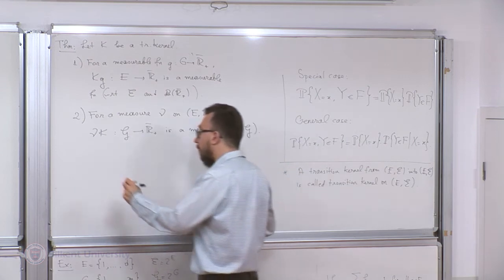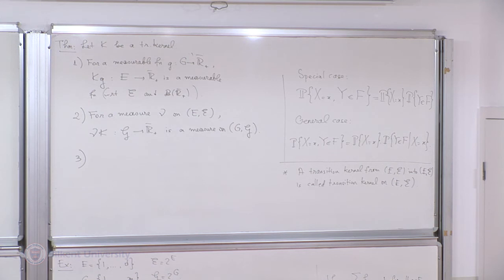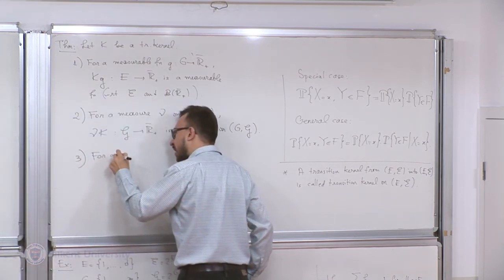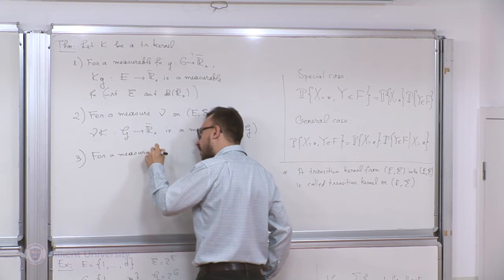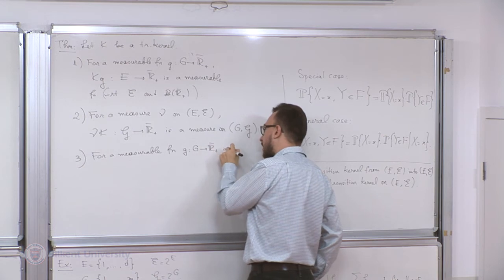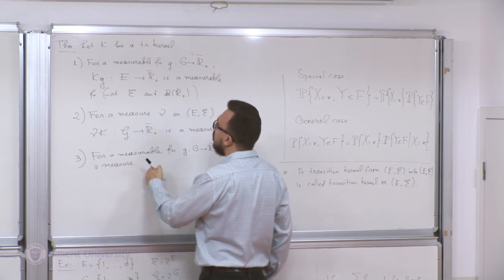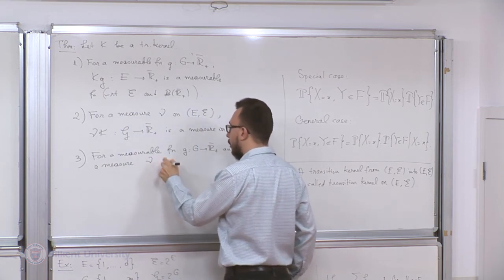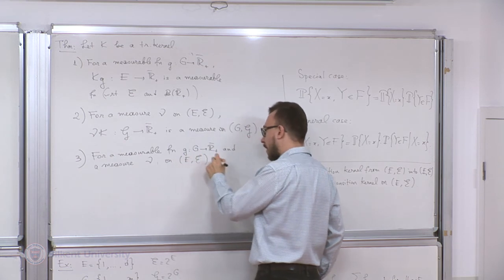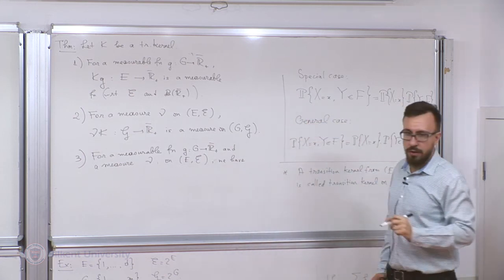And there is actually a combination of the two results. For a measurable function g and a measure nu on E, we have, okay, let me wait.